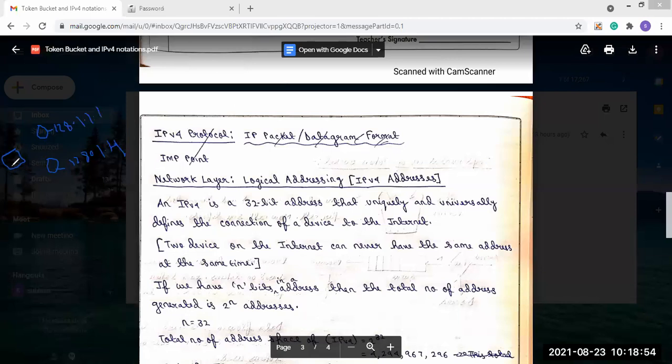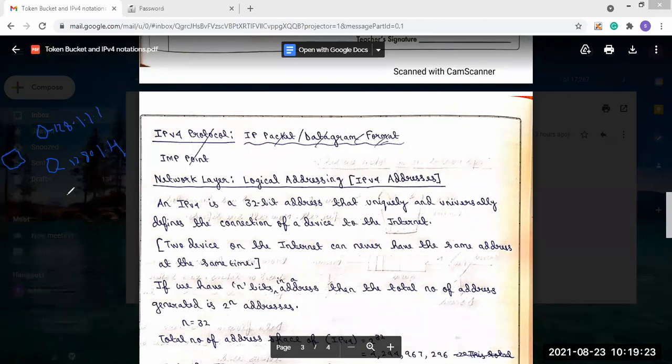Two systems are present, so ambiguity will be created. Through which system should it be transmitted? Which system will take this packet, because both have the same IP address?